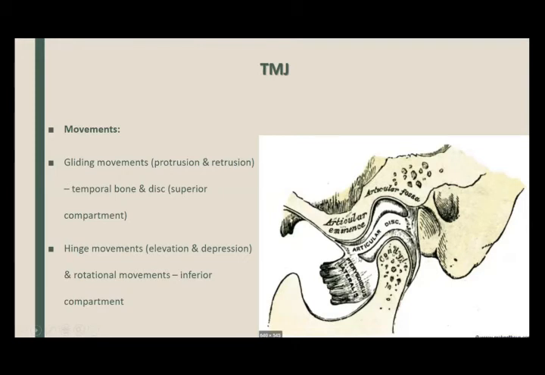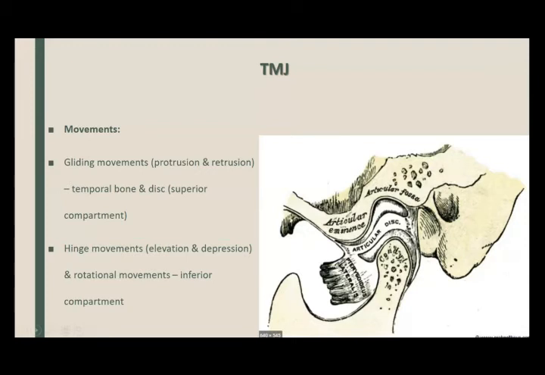Now comes the hinge movement. Hinge movement, beta, is the movement of elevation and depression. When you open your mouth so that your jaw is hanging down, that is depression. And when you close your mouth from this open position, that is elevation. बेटा जब मुंह खोलते हैं तो mandible moves down, it is depressed. ठीक है? और जब मुंह बंद करते हैं that is elevation. ये जो है ना plus rotation of mandible.